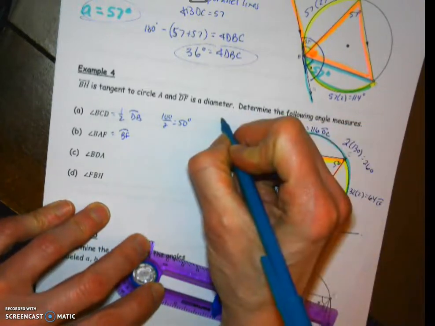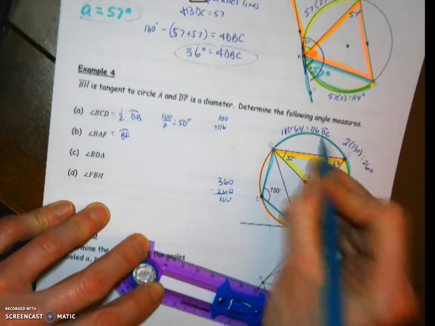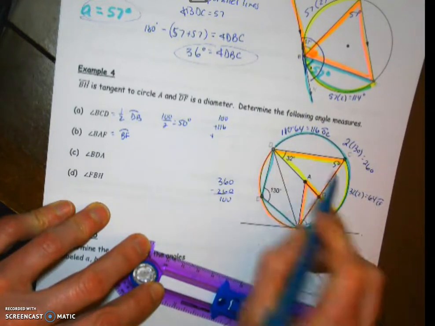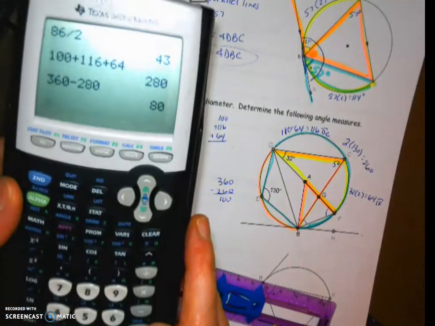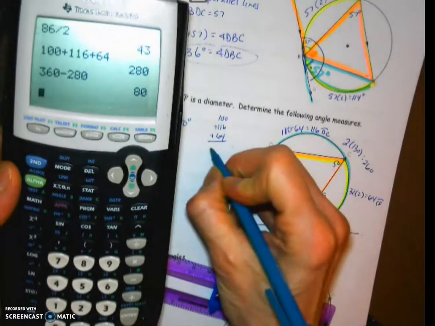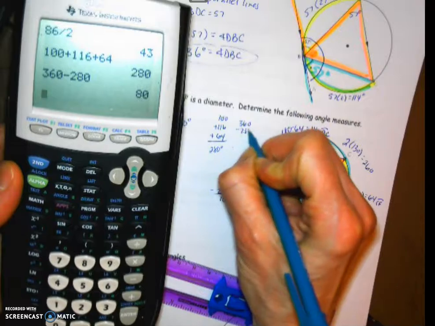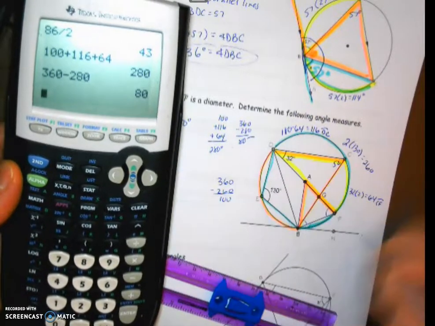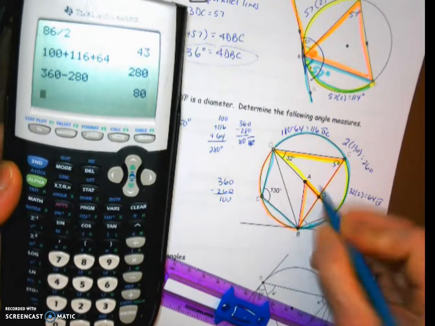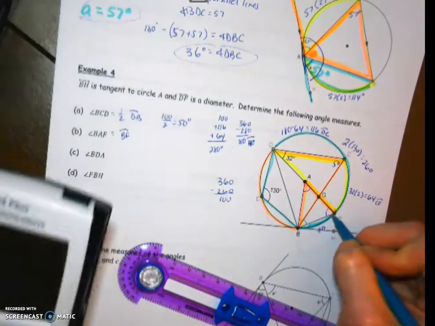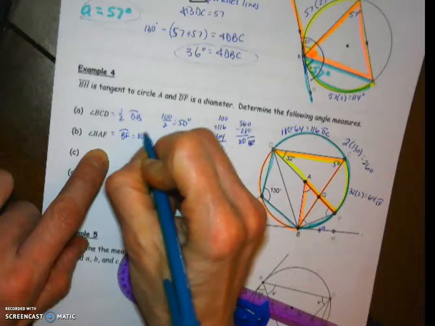So we take 100 plus 116 plus 64, and that comes out to be 280 degrees. When we take 360 and subtract 280, we end up with 80 degrees, which is the measure of arc BF. And since angle BAF is a central angle, it's equal to the intercepted arc, which means it's 80 degrees.